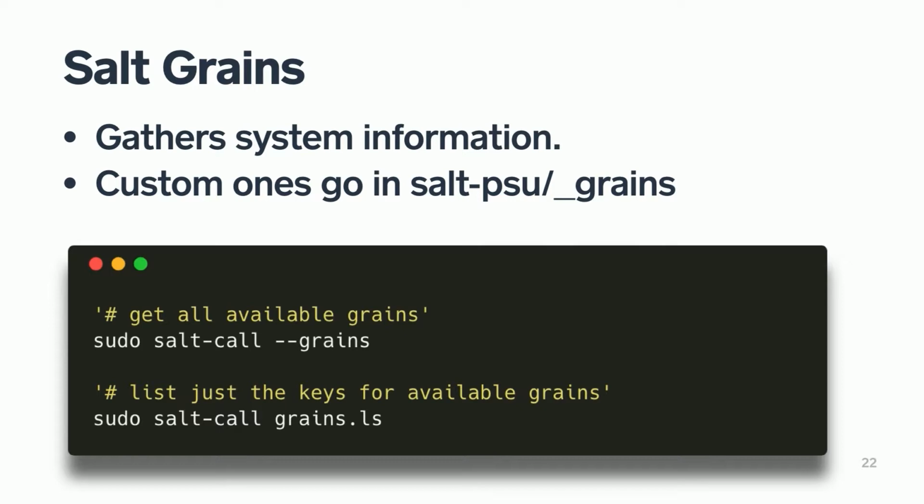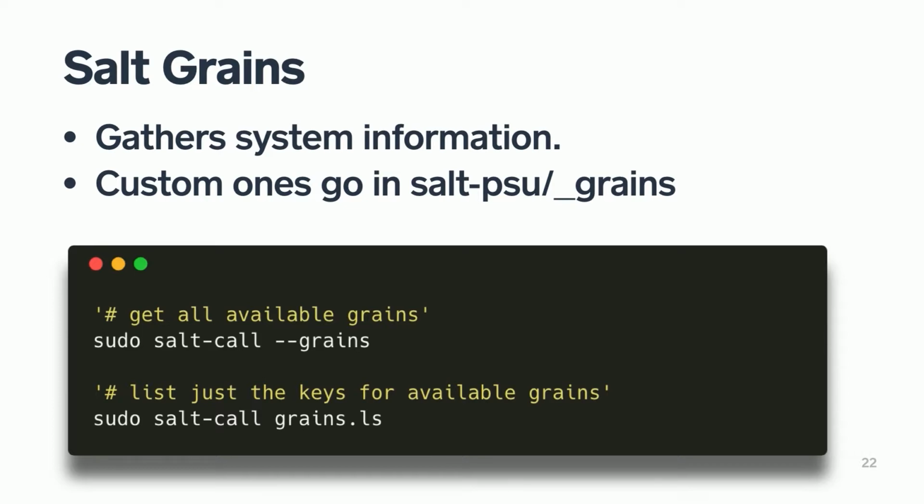Salt grains are used to derive information from the underlying file systems that it's being run on. These are very similar to Puppet's Facts or Chef's Ohai. They're called grains because they give Salt little grains of information about each machine. It makes sense, right?